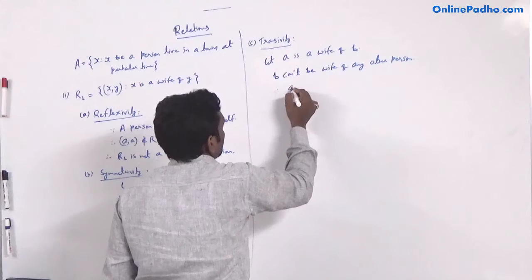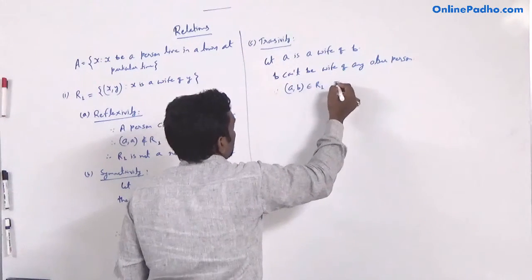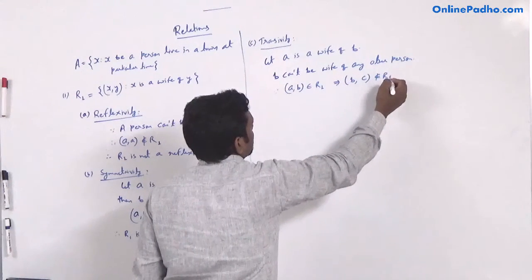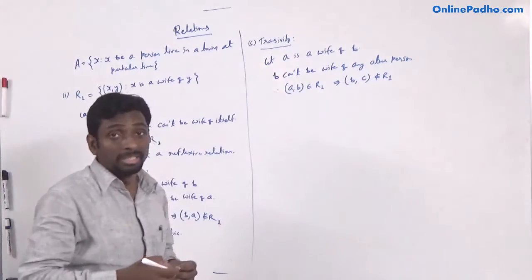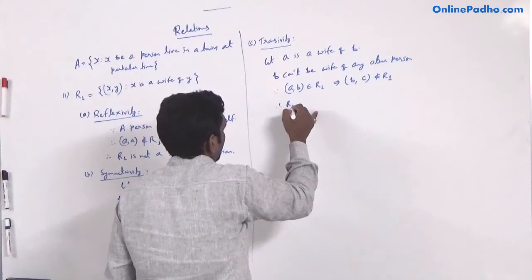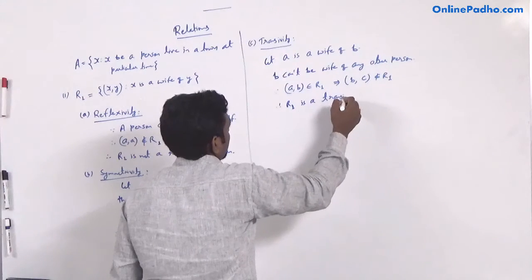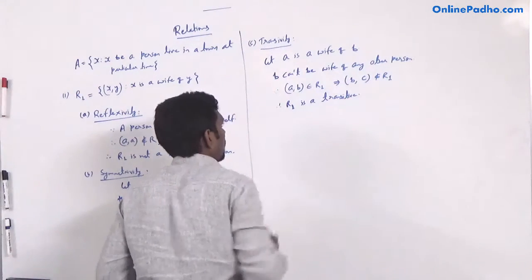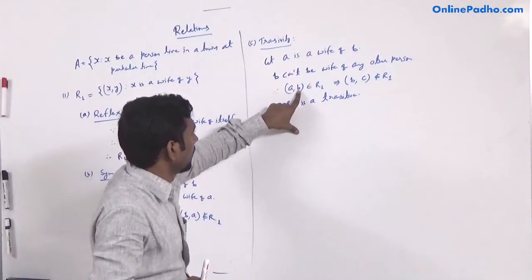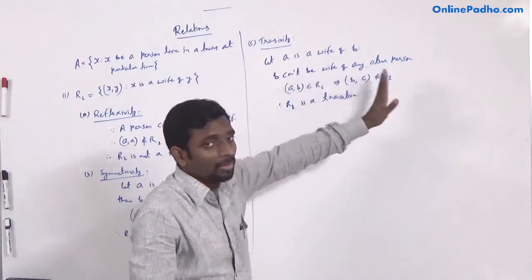So here (A, B) belongs to the relation R1, but (B, C) does not belong to the relation. So this is a transitive relation. Therefore R1 is a transitive relation, because the second element of this ordered pair cannot be the first element of any other ordered pair.